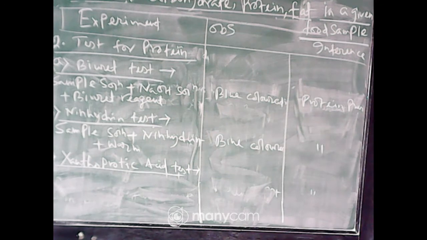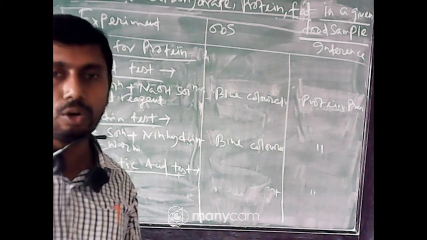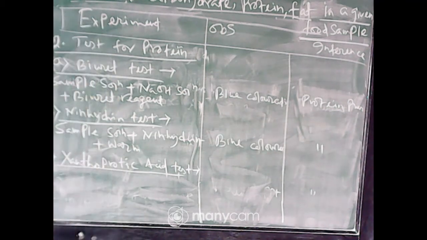Yes, what is the Benedict test? So the Benedict test is the same. The test is very simple. Take the sample, now add Benedict reagent and warm it in a water bath. The water bath will be boiling. Place your test tube in this water bath.